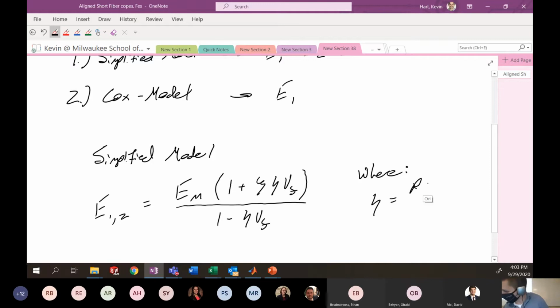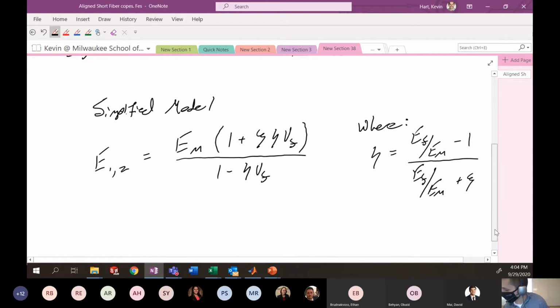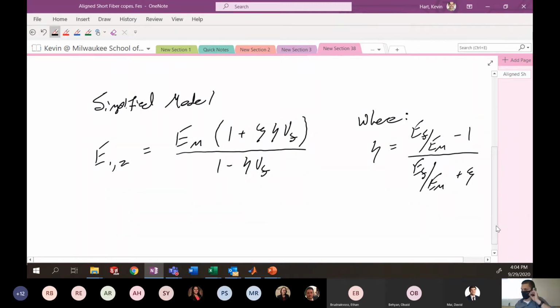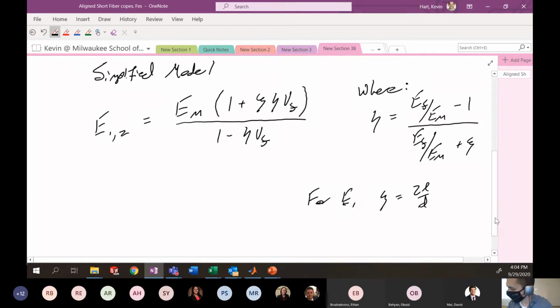We can be specific here because we're looking at modulus: modulus of the fiber over modulus of the matrix, minus 1, divided by modulus of the fiber divided by modulus of the matrix plus xi. The difference in calculating E1 and E2 is that for E1 you use xi equals 2L on D, where L is the length of the fiber and D is the diameter of the fiber. And for E2, you use xi equal to 2. This is the full simplified model.